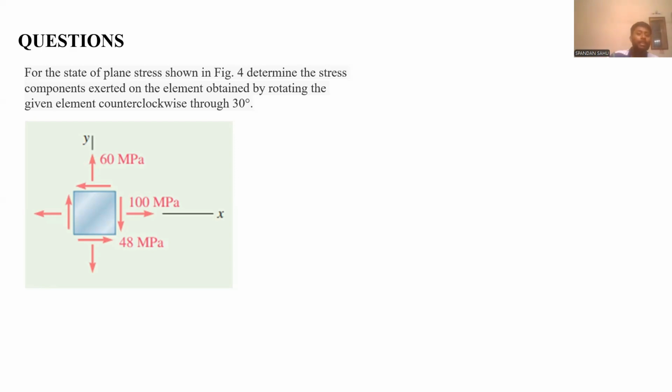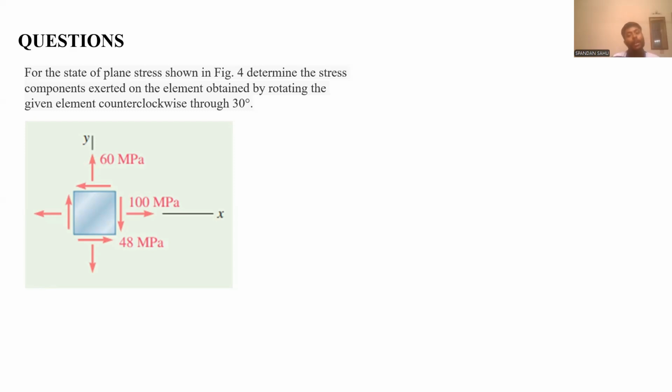For such a question, it is always better to draw it or solve it using the Mohr circle graphical method. So try to draw the Mohr circle for this condition and answer the questions.